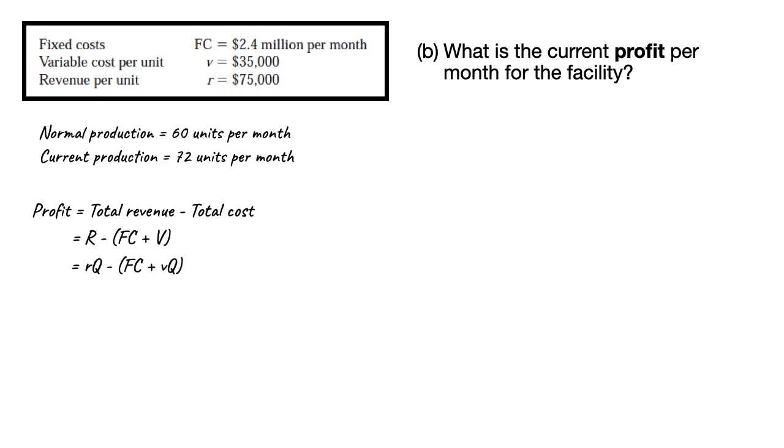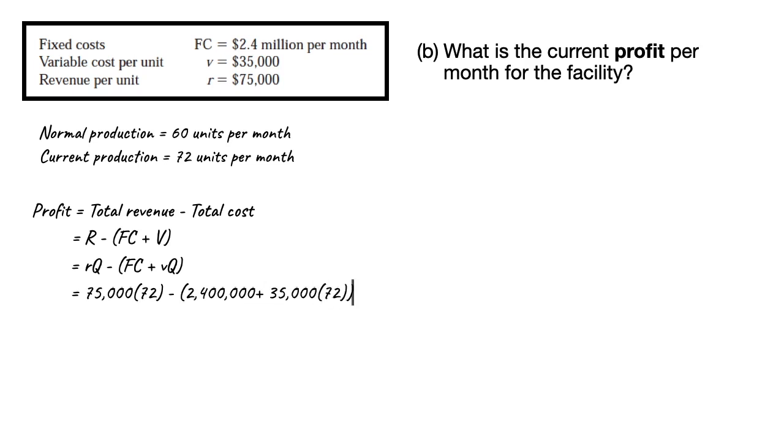So the equation you can use is the revenue per unit multiplied by the total quantity, which in this case is 72 units, and then deduct the total cost, which is the fixed cost of about 2.4 million per month, and the variable cost per unit multiplied by the total of 72 units.